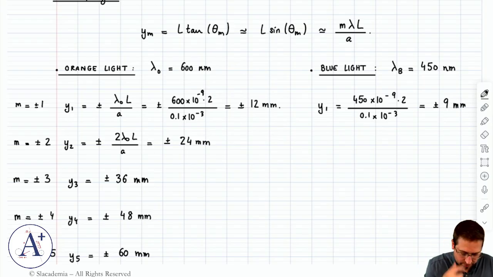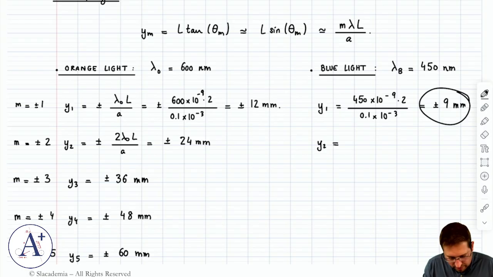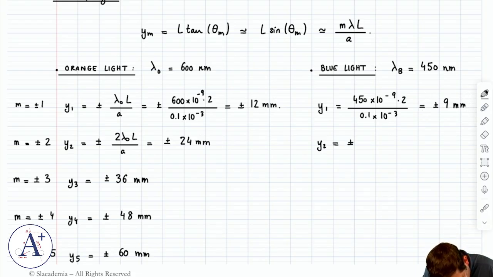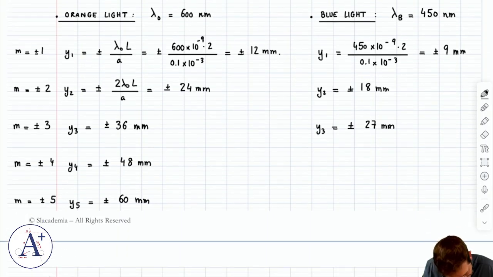millimeters. Joy. The next one, y2, is 2 times this, y3 is 3 times this, and so on. So y2 is plus or minus 18 millimeters. I'm going to go on until I find a common value with what's on the left. 3 times 9 is 27. y4 is plus or minus 36.